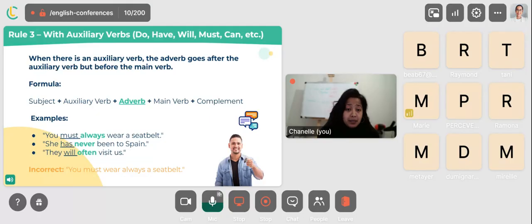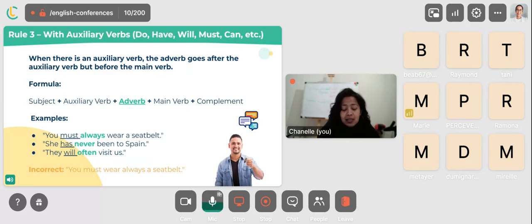Rule 3. With auxiliary verbs do, have, will, must, or can, the adverb goes after the auxiliary verb, but before the main verb. The formula is subject, auxiliary verb, adverb, main verb, complement.